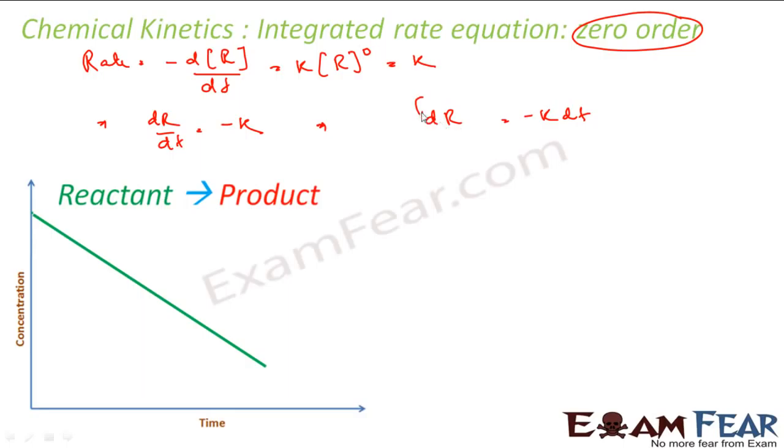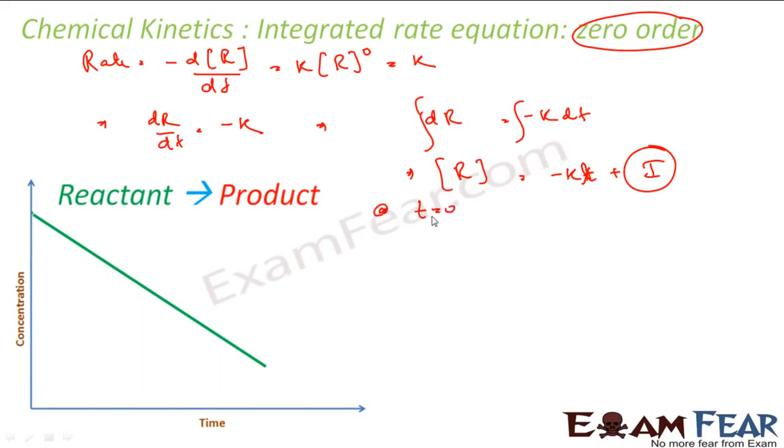Let me integrate both sides. Integrating d[R] you get [R], integrating minus k dt you will get minus kt, and some constant, the integration constant I. We need to find the value of I. To find it, we can put in the value of [R] at a known time, because this is a constant.